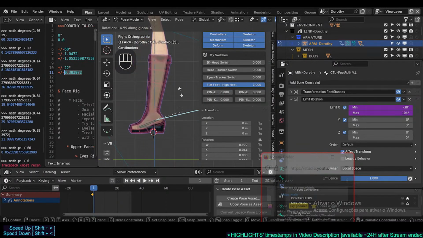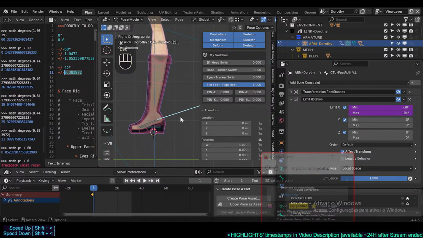This is being to no avail, so it's probably no, it's its rotation. Oh yeah, it's its min.